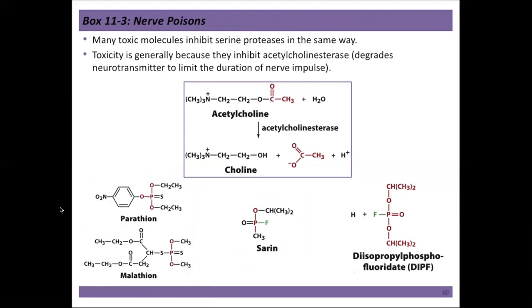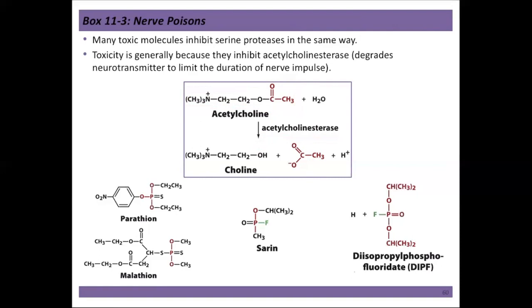So sarin gas is a very potent inhibitor of acetylcholine esterase. I didn't really finish that. So this is a nerve transmitter, but you don't want too much of it. We have an enzyme called acetylcholine esterase that breaks it down to choline and this acetate group, and by doing that, you stop the nerve impulse.